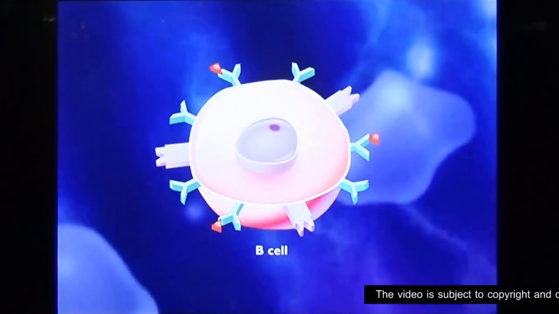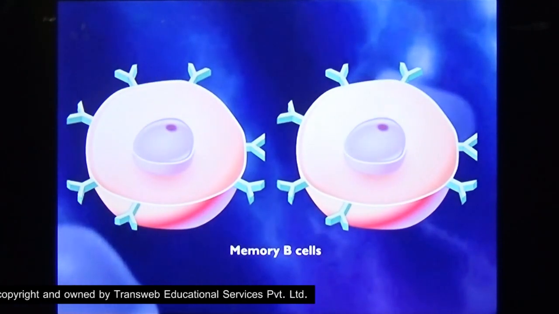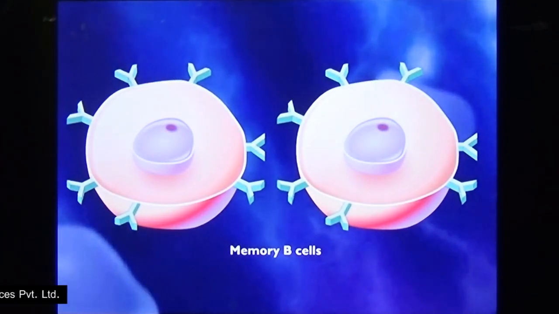Some B cells are left as memory B cells. They become the memory of the cell against that antigen, so that when in future the same antigen enters the body, these memory B cells start killing them automatically.